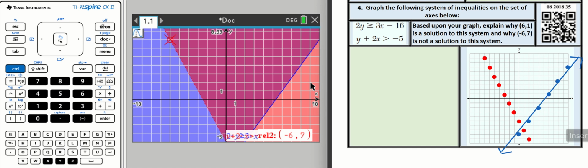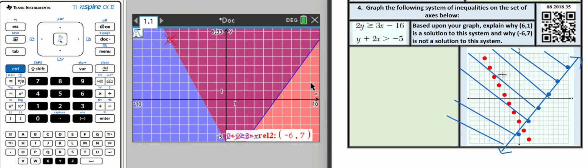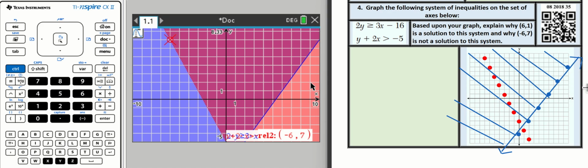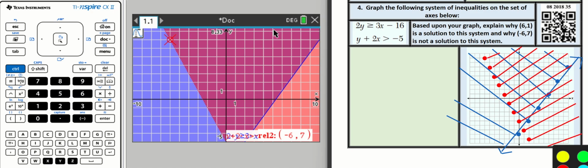Okay, so now we want to shade. So for blue, right, it's all the way over here to the left of the blue line. And then for red, it's this way, right? See how it goes from this line and then it's still over here? So we want to shade all that.